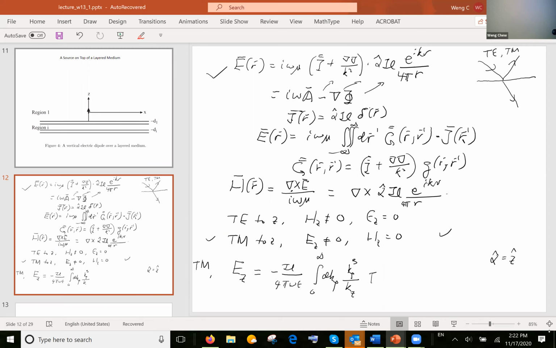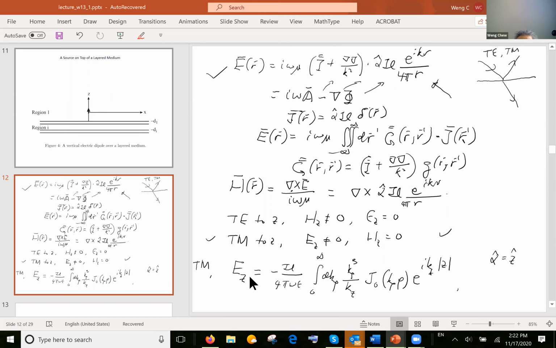I'm using the Sommerfeld identity in this spherical wave expansion here. It's a kind of plug and chug thing. You make alpha point in the z direction, and then you go through the algebra, which is second derivatives and so on. It turns out that finally you will obtain a k rho cubed up here.